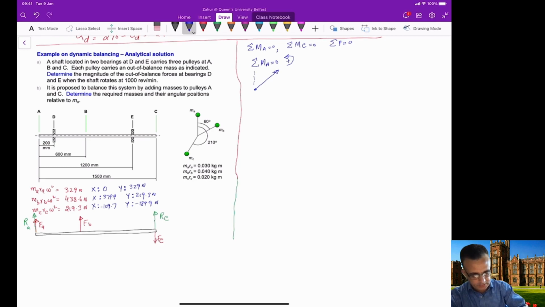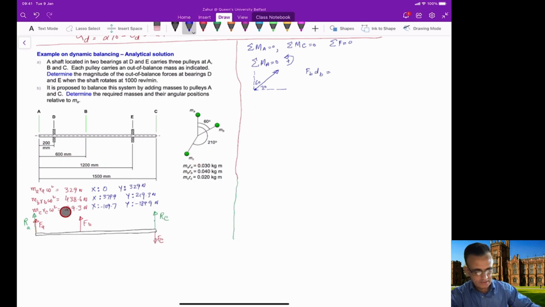We know that this angle is 60 degrees, so this angle is going to be 30 degrees.